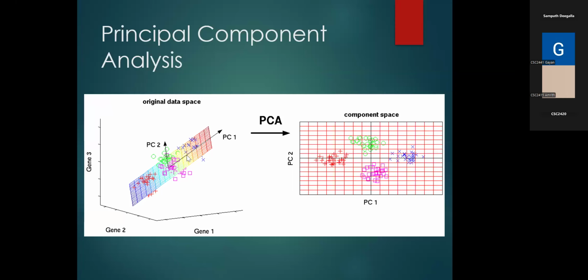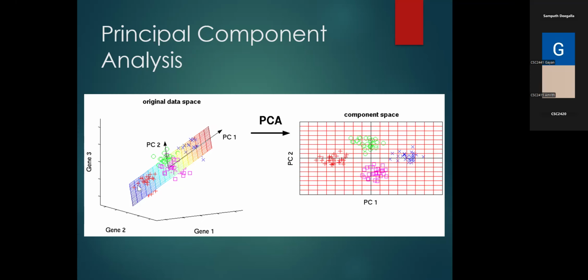When you say variance, it means spread. Variance means how much the data varies from the middle point. If you look here, you can see in this direction there's a plane. This is the plane where you see the most variance in the data. So what principal component analysis does is it identifies the highest variance in the data.